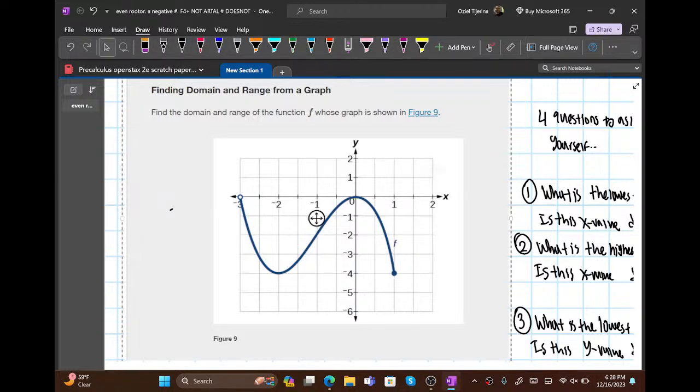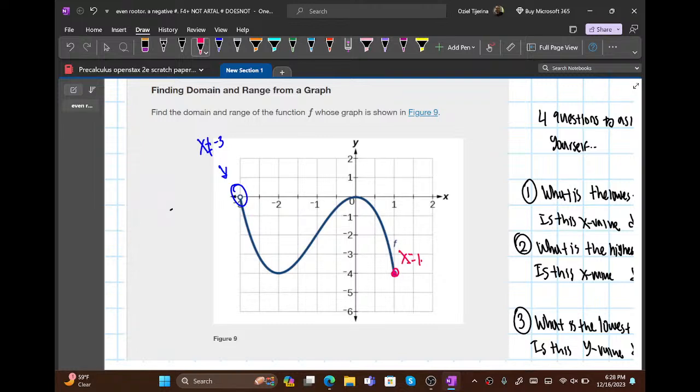In terms of the x-axis, there is an open circle here at -3, so we know that x cannot be -3 because it's an open circle, it's undefined. And at x equals 1, we know that it is defined there.